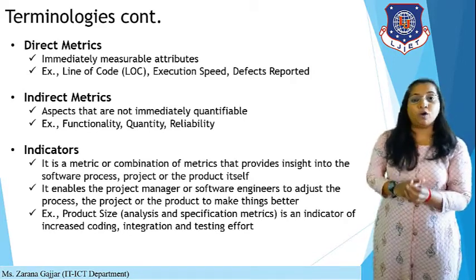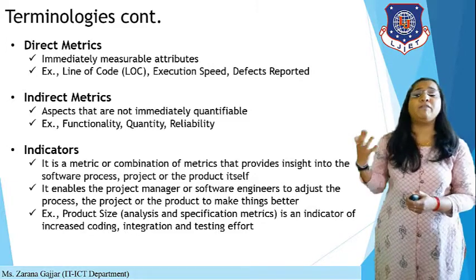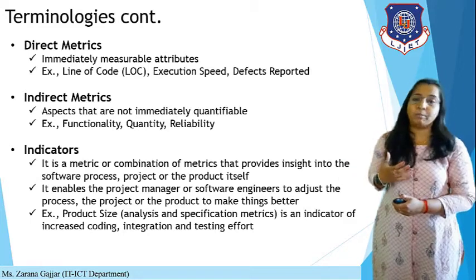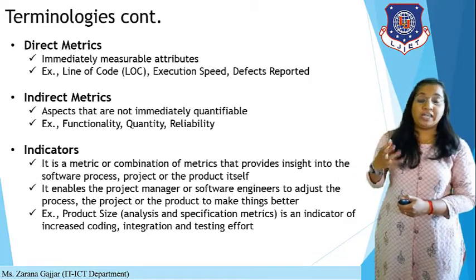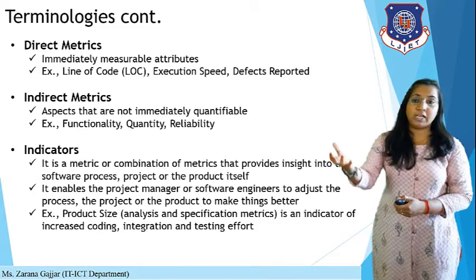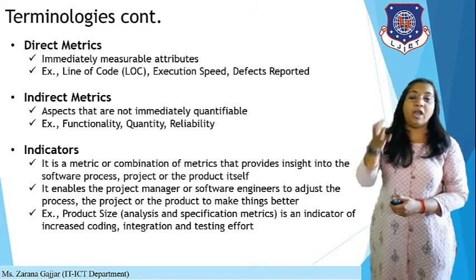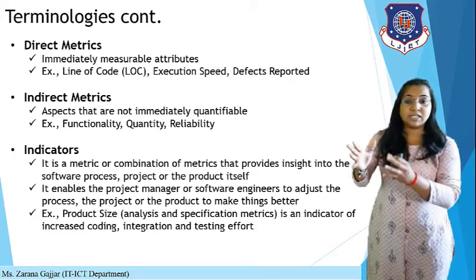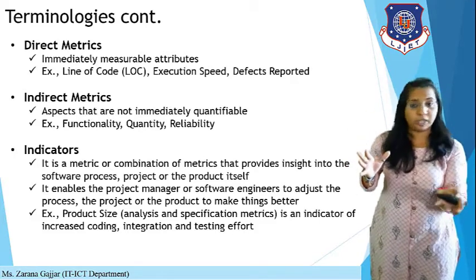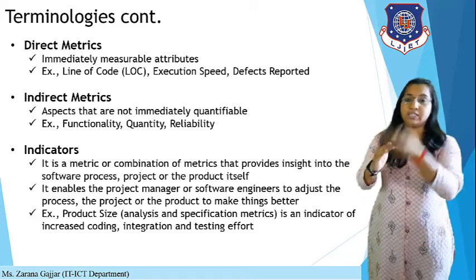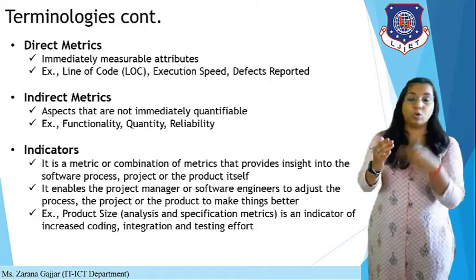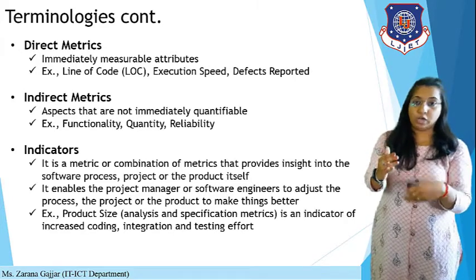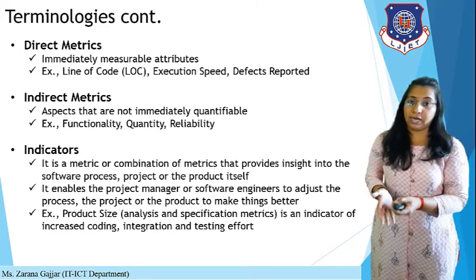For example, if you are developing software and you divide all the activities into a number of modules, then you can easily identify the process, how your project is done and what product is finalized. Based on your task set you are dividing all the things. If your task set is greater, then it also increases the coding, integration, maintenance and testing. So this is about the indicator.